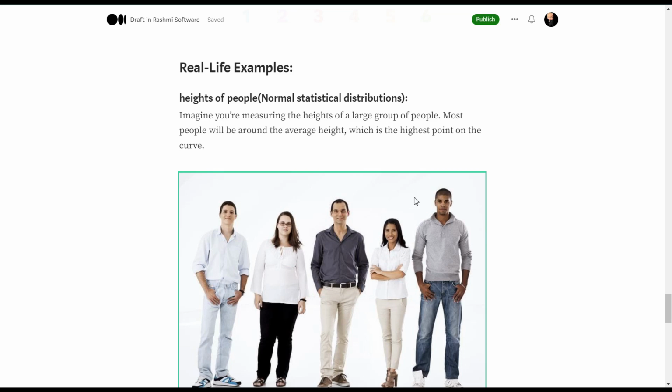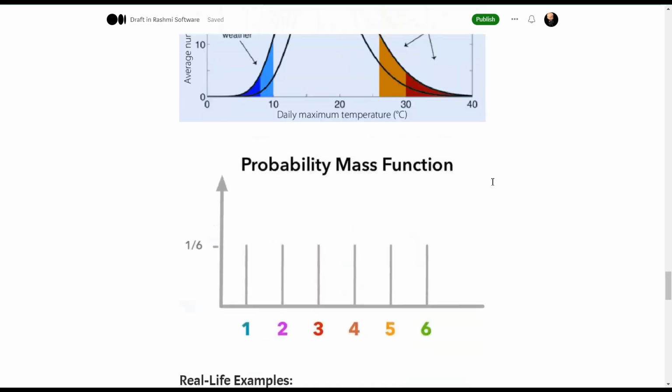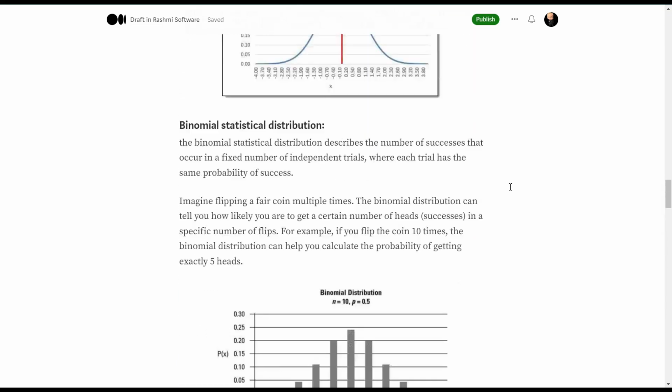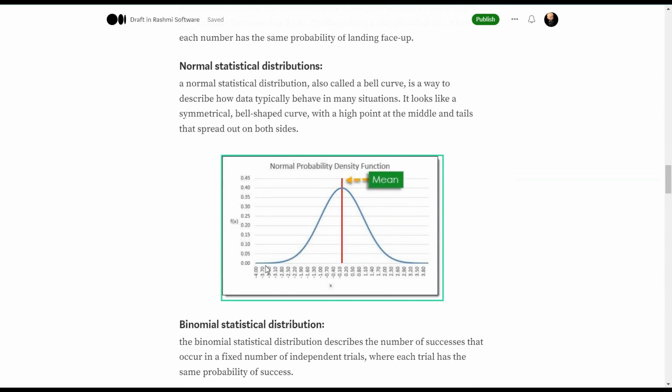So in this situation, the highest point on the curve, most people will be around the average height. So most people, 3, have an average height. You can see here, if you forgot it, you can see there. Average data is presented in the bell curve form. Bell shaped curve. Okay.